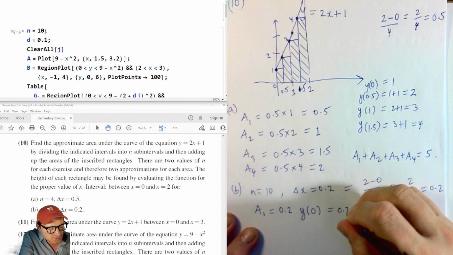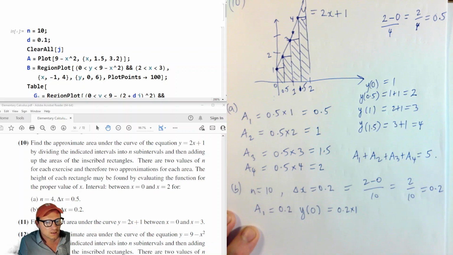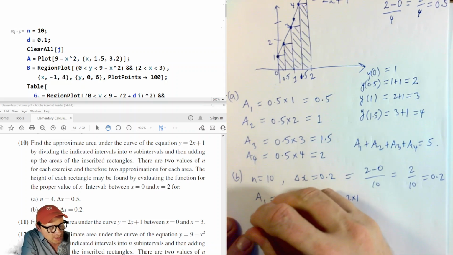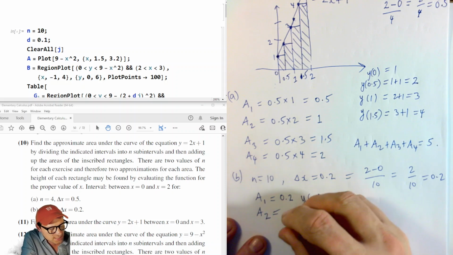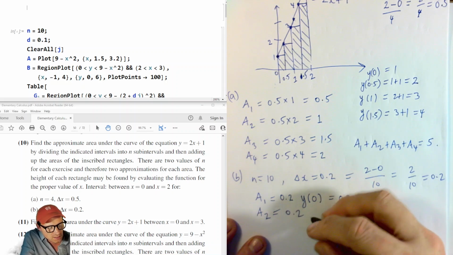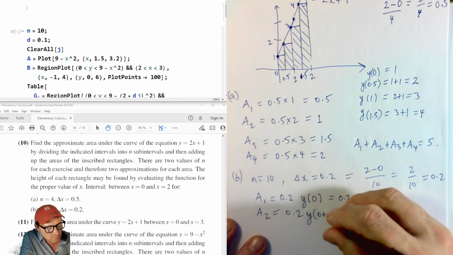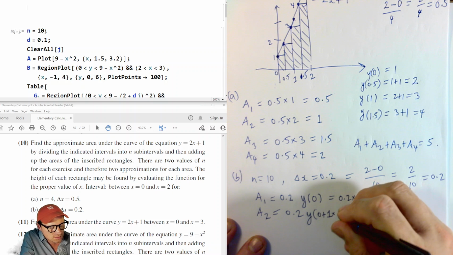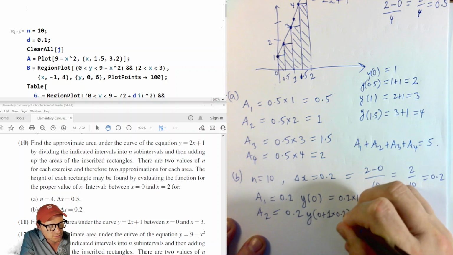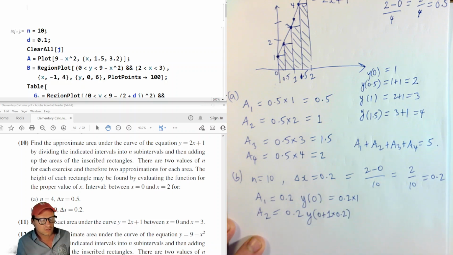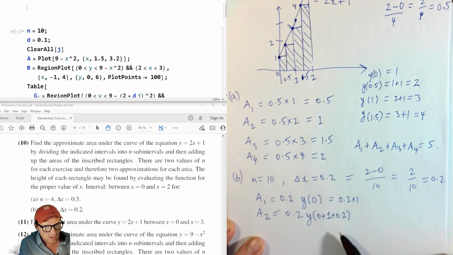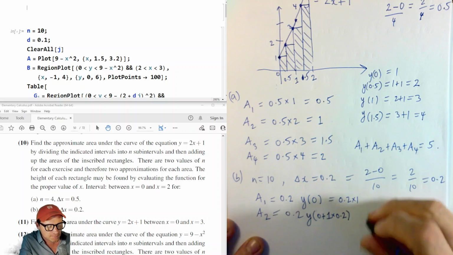So we have 0.2 times 1. Now the second one, A2, would be 0.2 times y of 0 plus 1 times 0.2. I write it this way for a reason, so that I can get the computer to automate this in a moment.